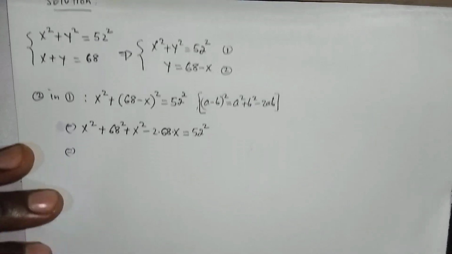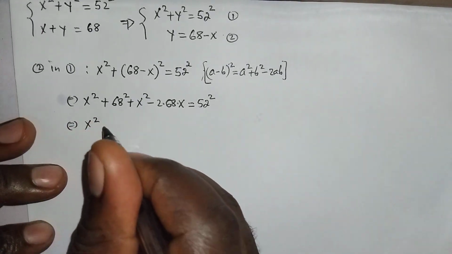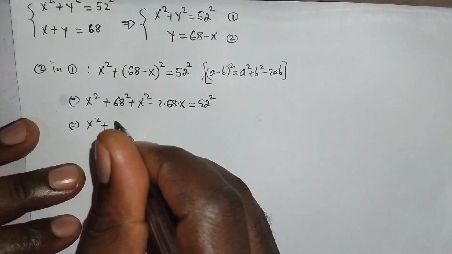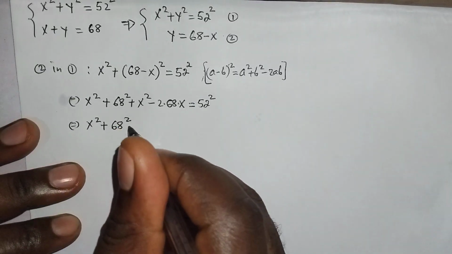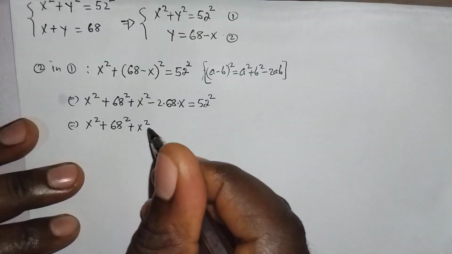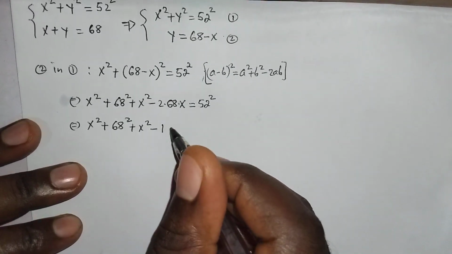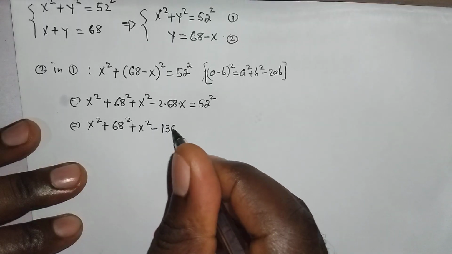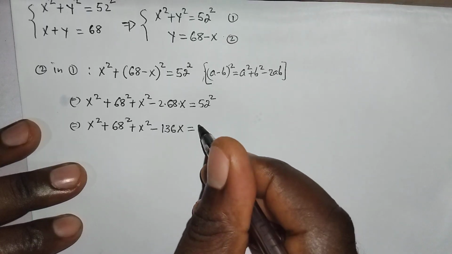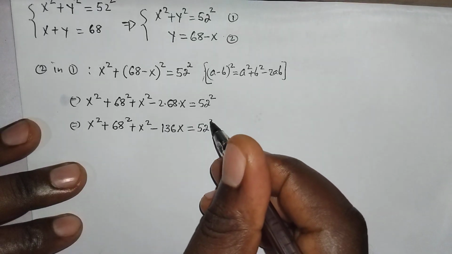So it is x square plus 68 square plus x square minus 136x, which is equal to 52 square.